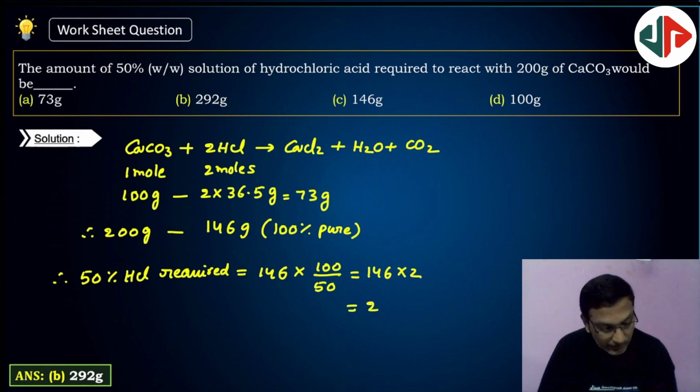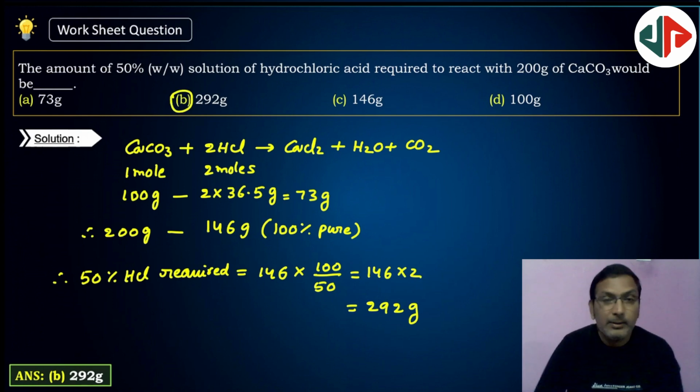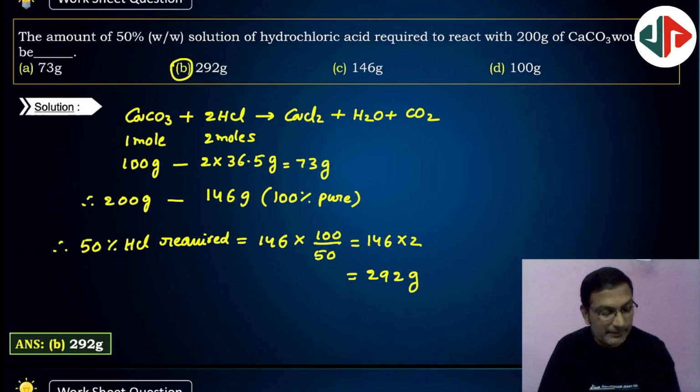Therefore, 292 grams. Option B. So, to react with 200 grams of CaCO3, if it is 100% pure, 146 grams of HCl is required. If it is 50% pure, double amount required. Therefore, 146 into more percentage by less percentage. Option B. Next.